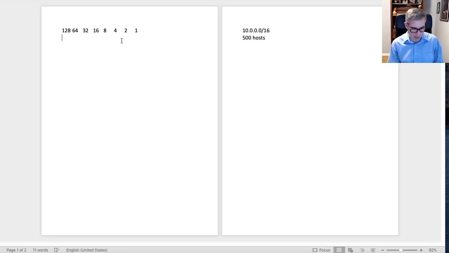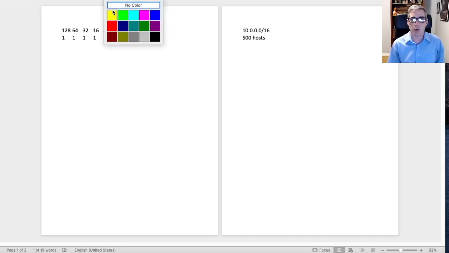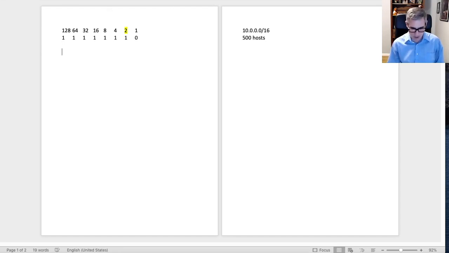So what does that mean? We're looking at it from the host perspective. So we need network bits all the way there. We only need one host bit there. Remember, this is the third octet we're looking at. So our magic number is now 2, which is kind of different from what we've seen, but the process is still the same.